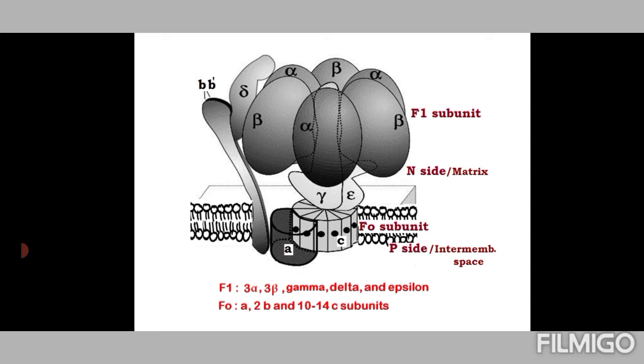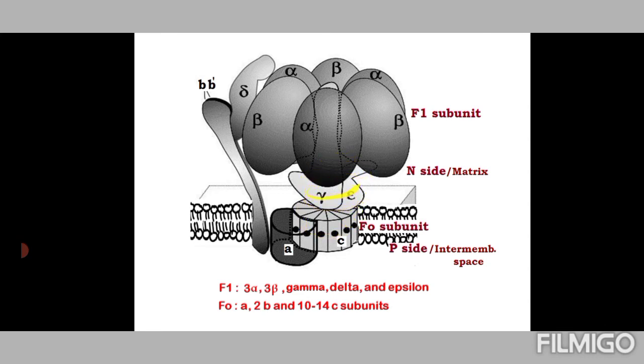The alpha and beta subunits, which make up the bulk of F1, are arranged alternately in a hexameric ring. The beta subunits participate directly in catalysis. The central stalk consists of the gamma and epsilon subunits.